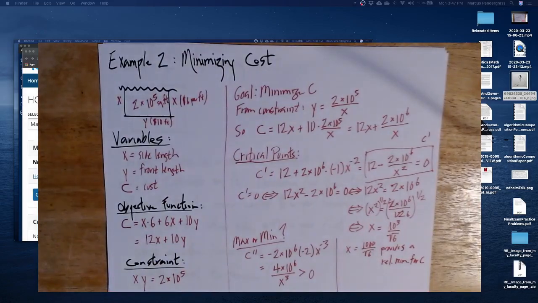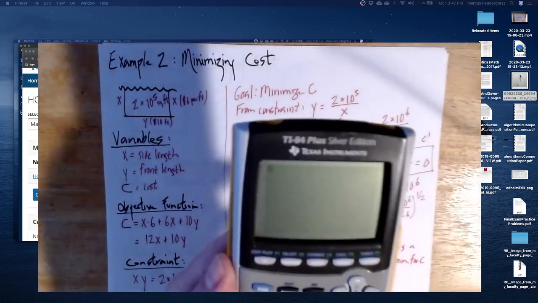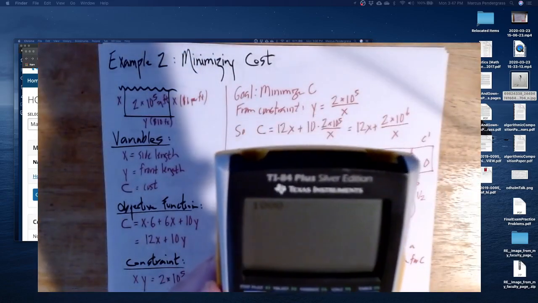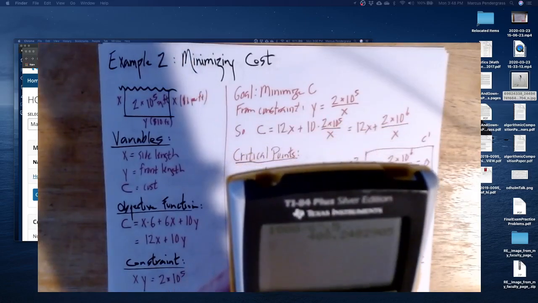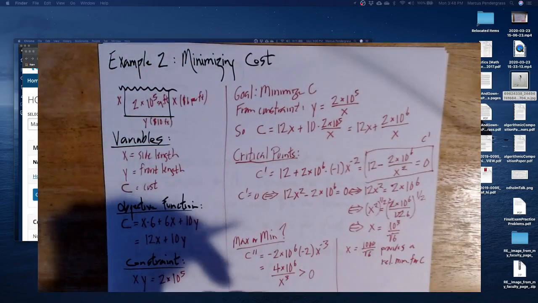And 1,000 over radical 6 is, I'm just popping that out of my calculator real quick, 1,000 divided by 6 raised to the 0.5, about 408.25.